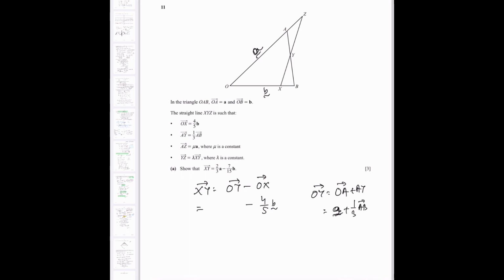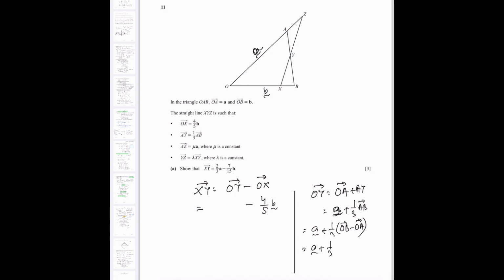But AB is the same as OB minus OA, so a plus 1 by 3.